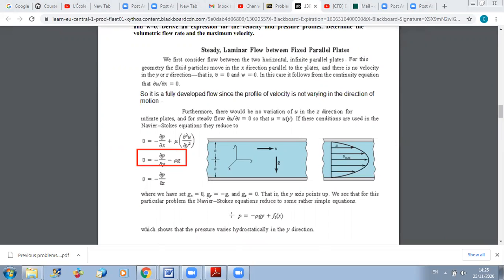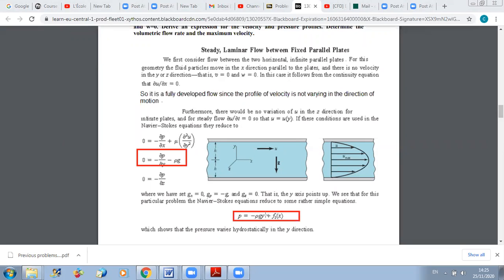So if I integrate this relation, I can say that p is minus rho g y plus f of x, because I have already seen that p is independent of z. It's only depending on x and y. By integrating relation 2, I get that p is minus rho g y plus a certain function of x, and I will determine this function of x afterwards.